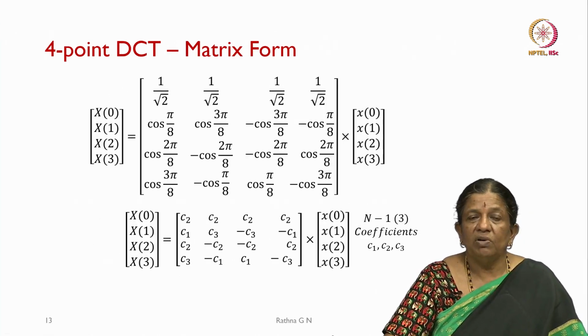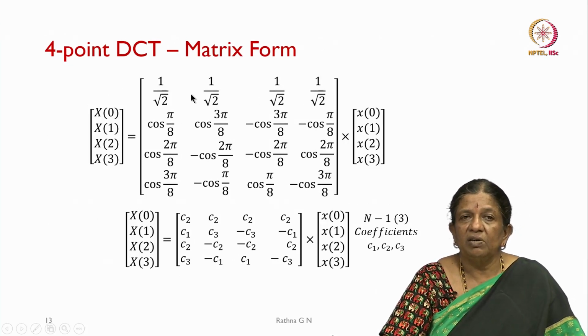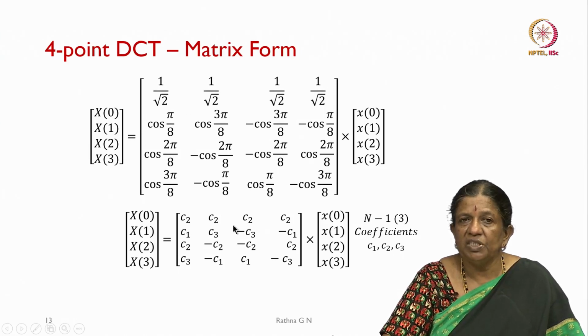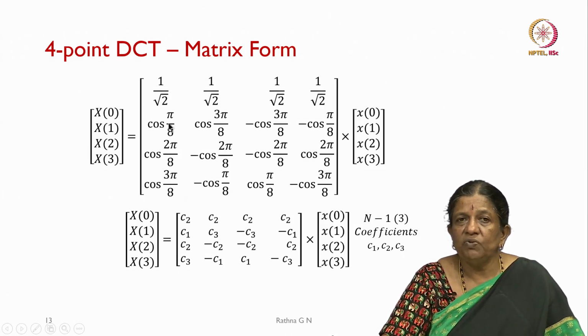Fine. Now, continuing with the matrix form, we call this C2 coefficient, which we can represent for 1 by root 2. The next one, pi by 8, is C1 coefficient, and 3 pi by 8 is C3 coefficient.